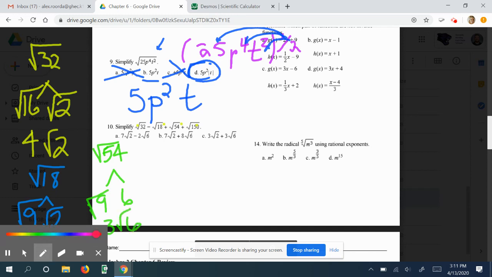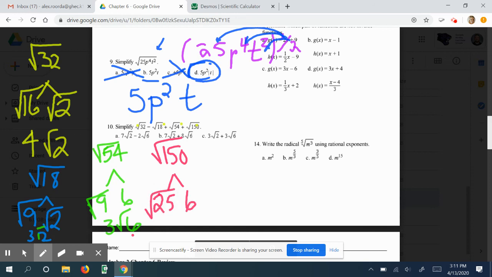And then finally, the last one is the square root of 150. And that's going to be, well, 15 and 10, but neither one of those is a perfect square. So if I was going to say 6 out of that, because I see a 6 right there, I would say that this would be actually 25 and 6, right? And so the square root of 25 is 5, and the square root of 6 is square root of 6, right?